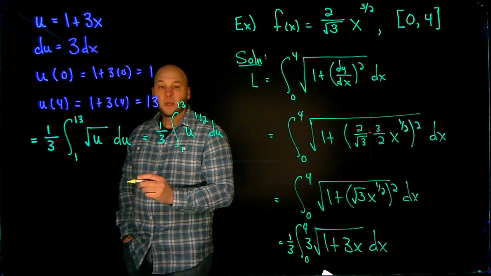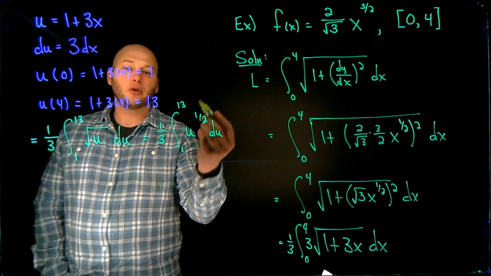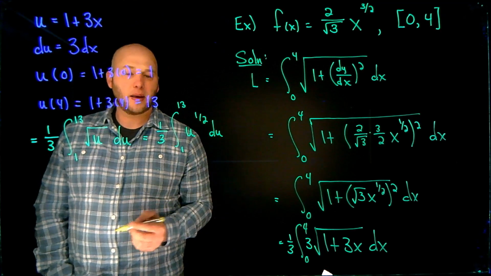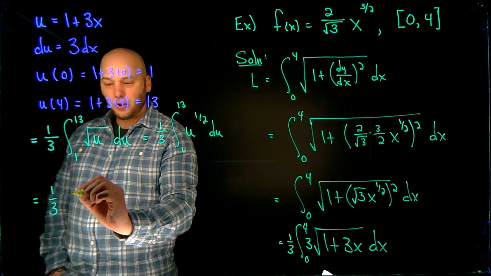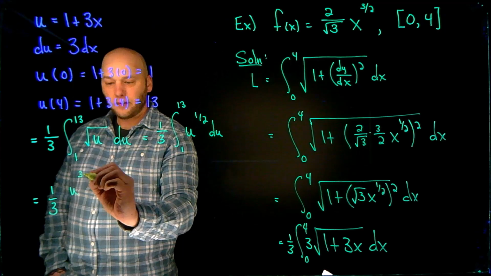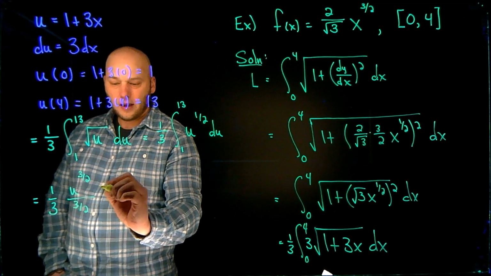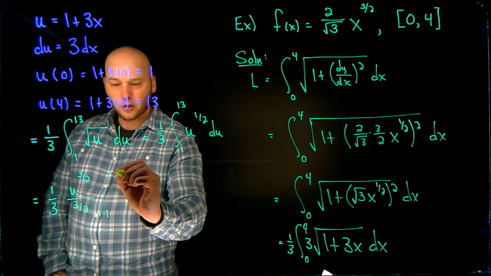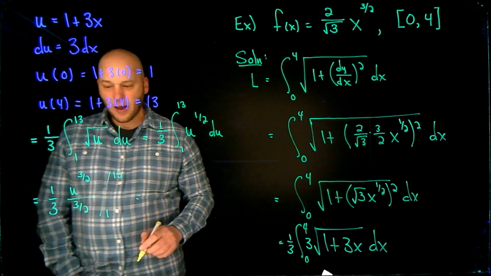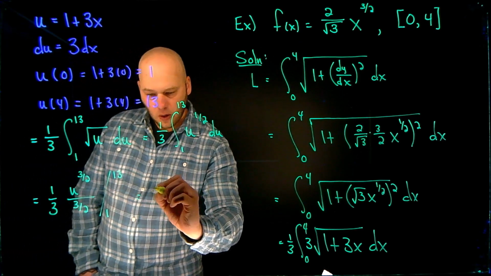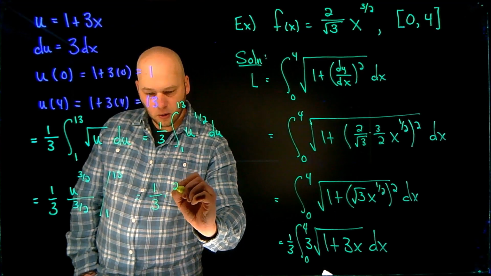Antiderivative power rule says the exponent increases by 1, and then I divide by that increased exponent, which gives me 1/3 u to the 3/2 divided by 3/2, and then we'll evaluate that from 1 to 13. 1/3 divided by 3/2, if I'm dividing those fractions, we can flip and multiply, so 1/3 multiplied by 2/3.